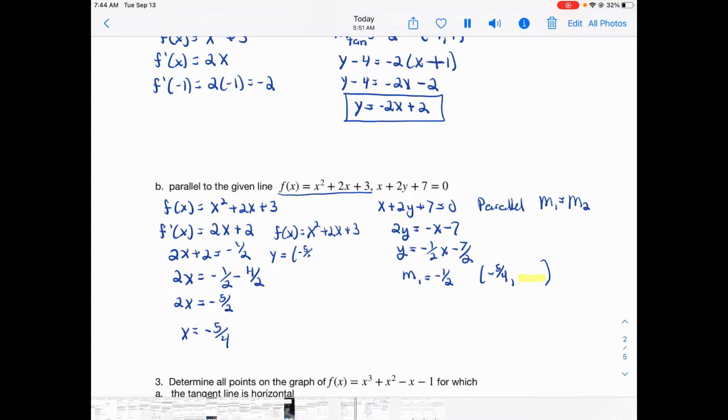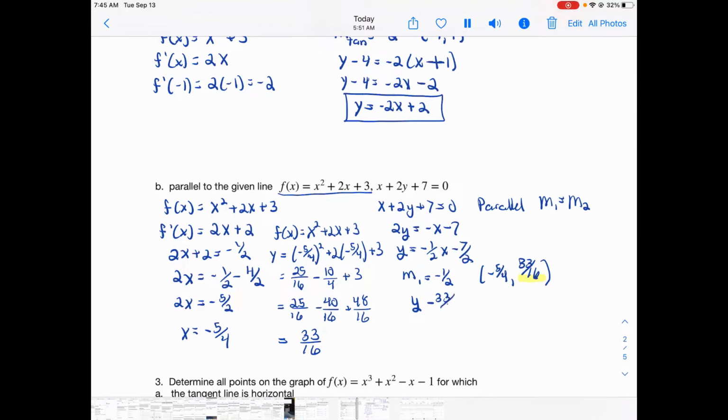So substituting negative 5/4 in place of every x in my original function, and then working that out, I figure out that y is equal to 33/16.